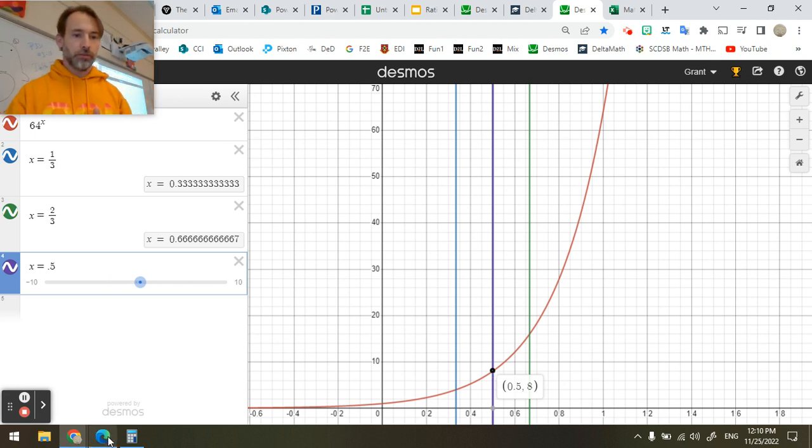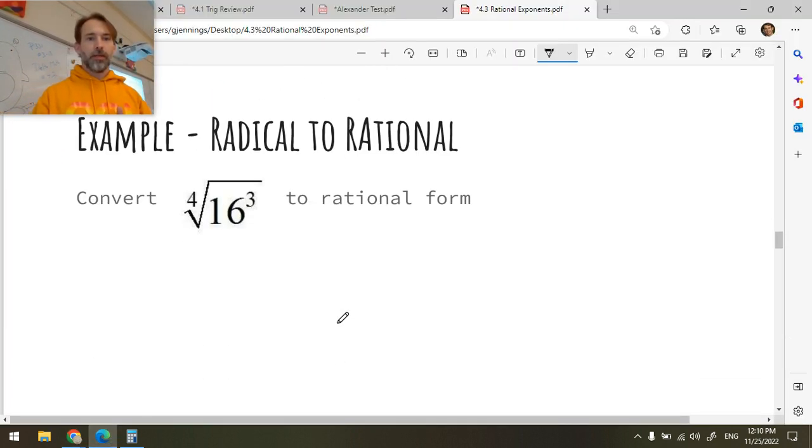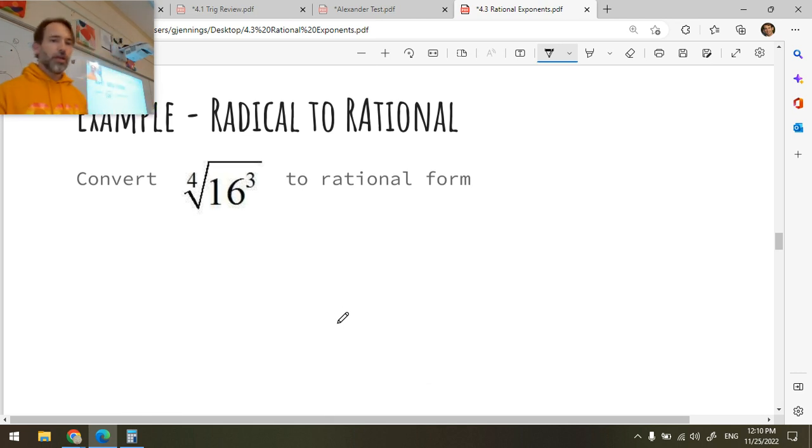Let's keep going. Okay. Radical to rational form. So now we also want to be able to rewrite stuff like this as fractional exponents. So let's do exactly that. We're going to use our little formula, our little recipe, which is if we have the b-th root of x raised to the power a, that's the same thing as x to the a over b.